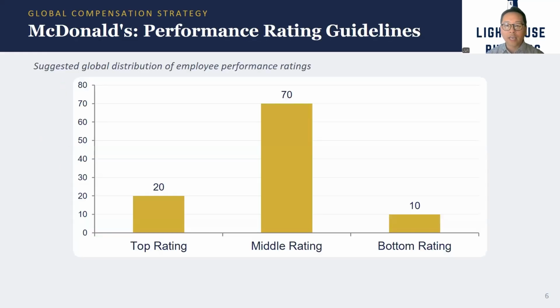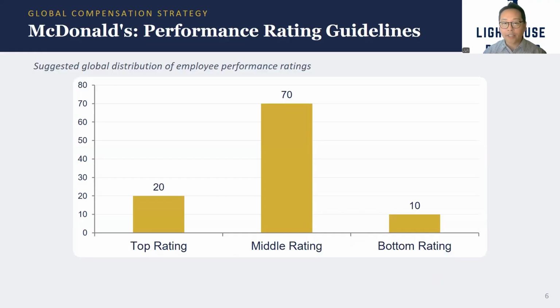Part of the annual incentive at McDonald's is based on individual performance. The company introduced global guidelines suggesting that 20% of employees receive the highest performance rating, 70% receive the middle rating, and 10% receive the bottom rating. Notice the word guidelines, not forced rules.